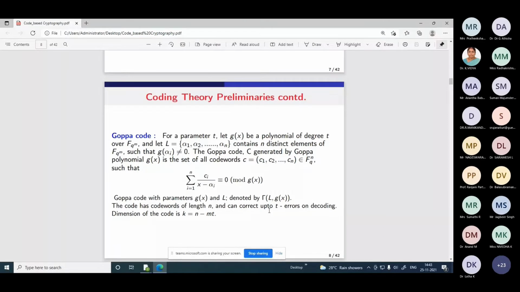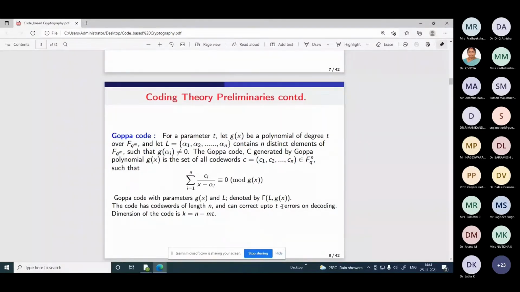Look, what is the degree of g of x? It is t. And L contains n elements. So now you have got two parameters, n and t. n is the length of the code word, and the error correcting capacity is nothing but t, which is given by the degree of the polynomial we choose.